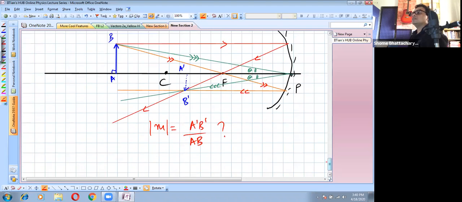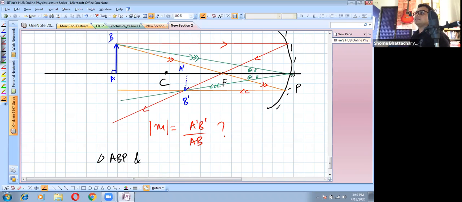And now you can see that there are two similar triangles over here. They are very visible in the diagram. So I will just list them out. Triangle ABP, the triangle subtended by the object at the pole, for which the angle is theta, that right angle triangle.